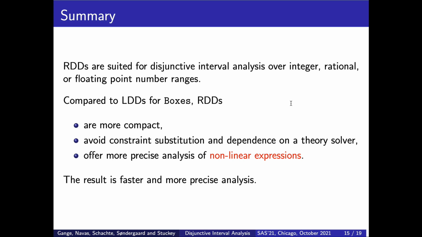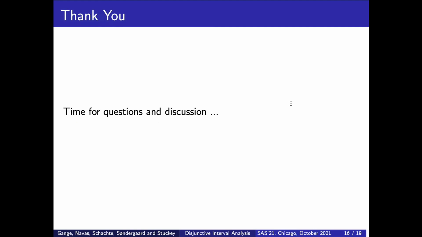We can implement things without a constraint substitution operation or any dependence on a theory solver. And we end up getting more precise analysis, mainly because of better analysis of nonlinear expressions. So on the whole, the result is faster and more precise analysis.